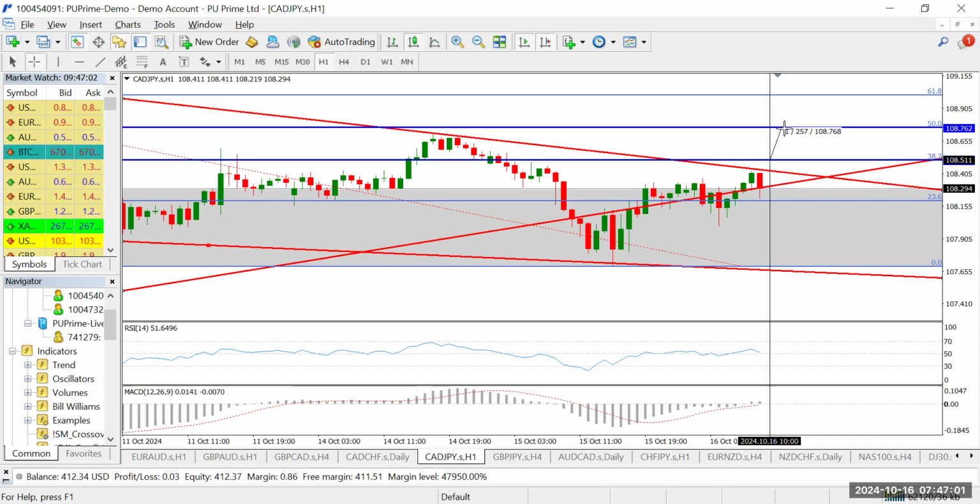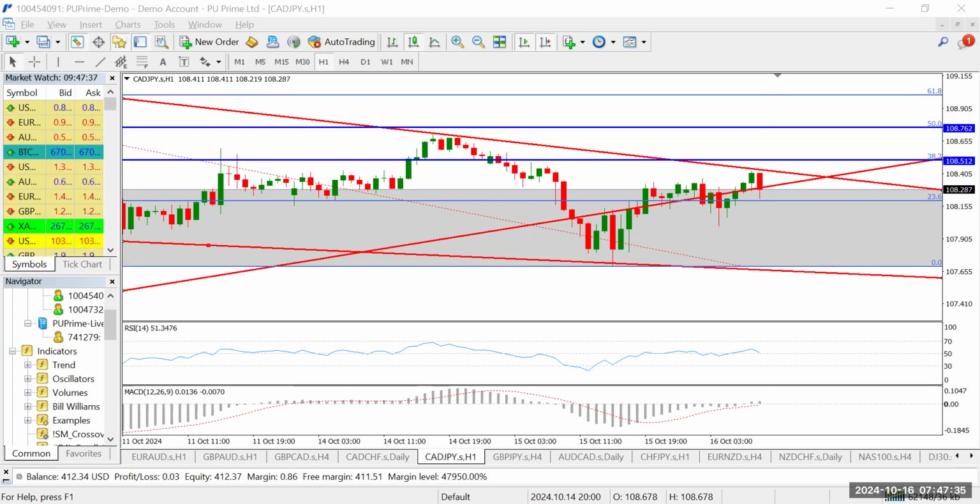So that should give us at least some 25 pip movement. All right, so I'll drop the signal now. CAD JPY buy stop at 108.512.